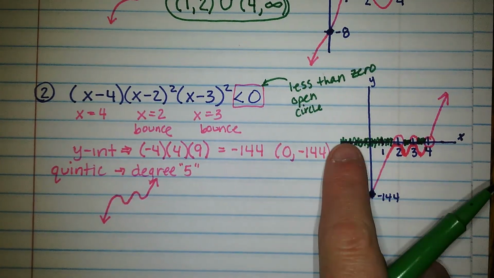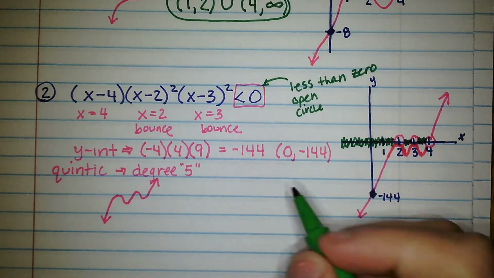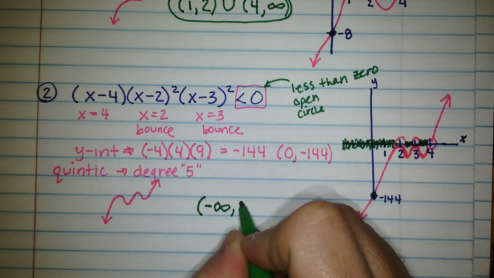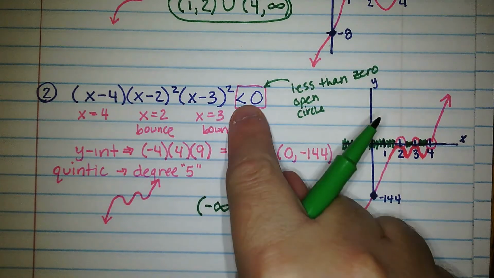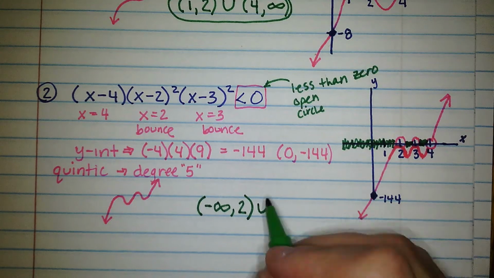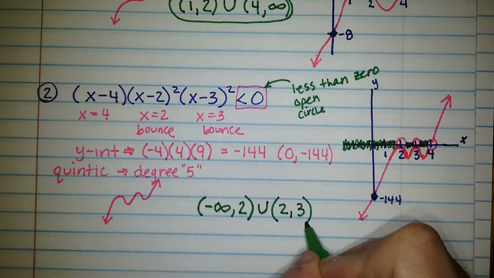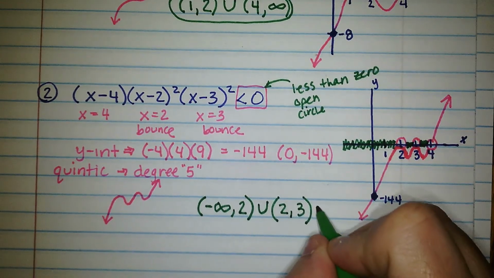So the first section goes from negative infinity to 2. So we would have a parenthesis, negative infinity to 2. It's a parenthesis because it's an open circle, because there's no equal to. Our next section is from 2 to 3. Again, parentheses, because 2 and 3 are not included. And then our next section is from 3 to 4. So I need another union.